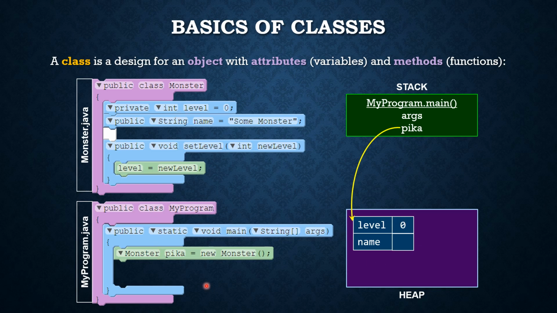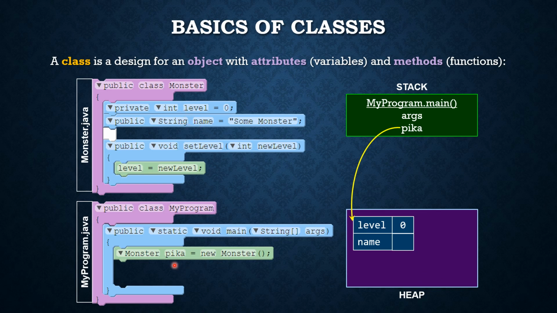So each object of type monster will have 8 bytes for the level, and for the name, since for strings one character might be stored in a byte, the string is very dynamic, so it depends on the size of the string. But let's say it was an integer and a double. Then you can very easily answer that the size of the monster object would be equal to the sum of each of the instance variables.